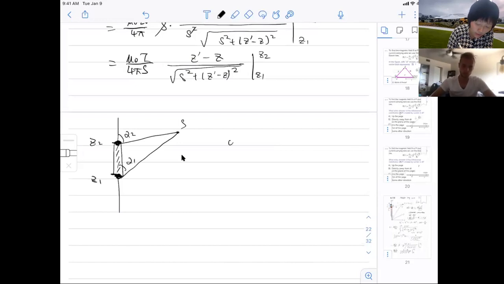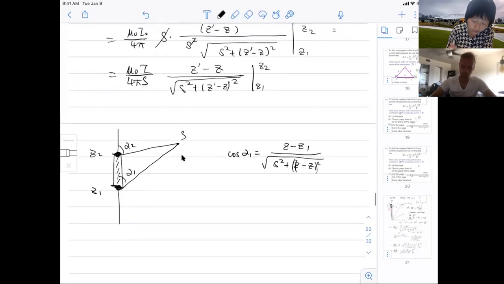So it turned out the cosine alpha is going to be z minus z1 over this guy. Because of this definition, we can rewrite this integration using cosine of alphas instead of the z's. And that's easier when we are dealing with a long wire later on, you will see.